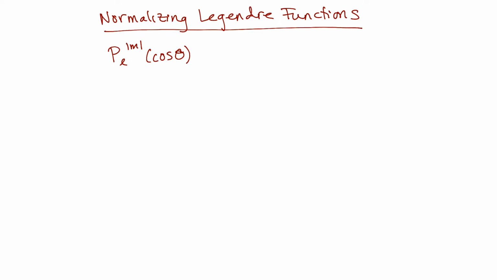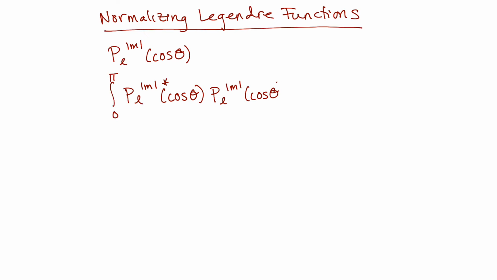And then for normalizing, remember our limits on theta are 0 to pi. So you want to be careful to use the correct limits. And we'll put our function in here, and complex conjugate. But we see that these are not complex functions, so that's not really going to be significant for us in this context.